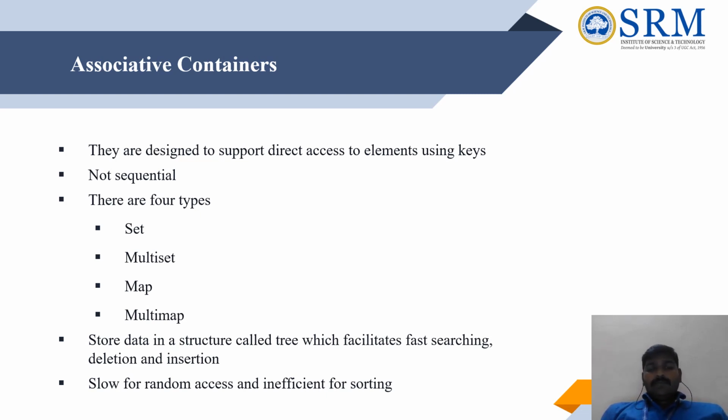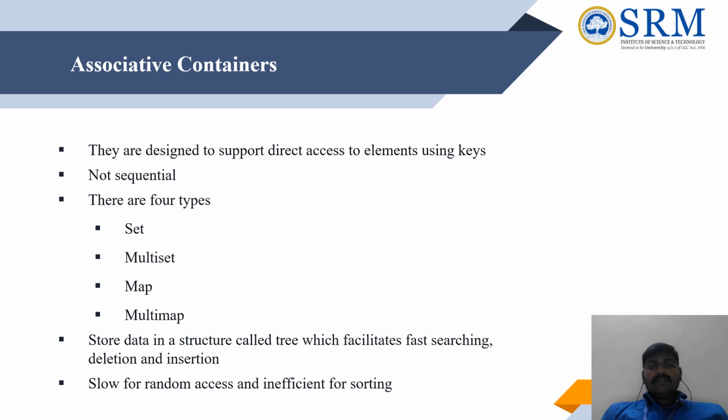We have four types of associative containers: set, multi-set, map, and multi-map. Like sequential containers, associative containers are used for data structure processes like searching, deletion, and insertion. When compared to sequential containers, this is somewhat fast.